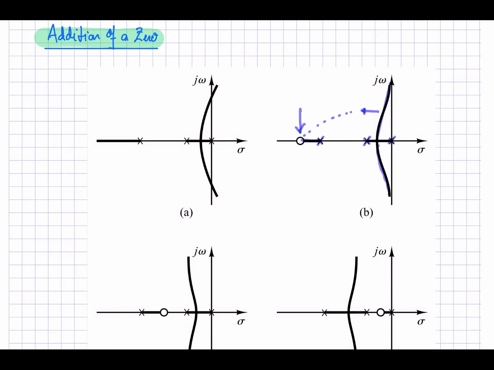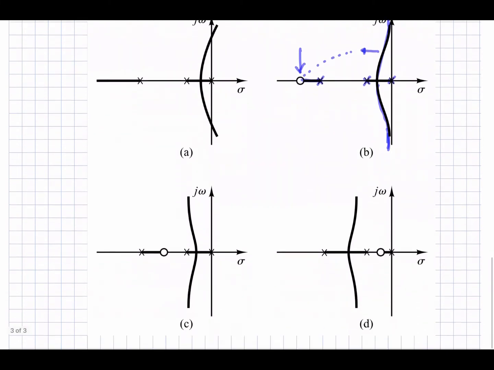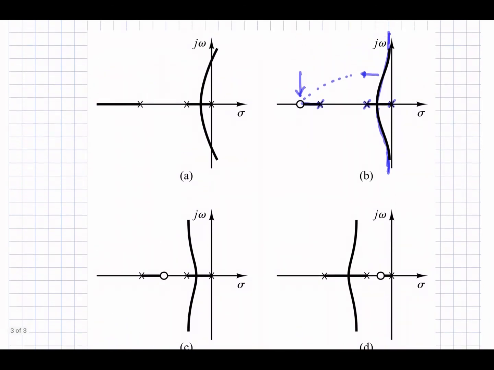Here you can see it is not going to cross the j omega axis, so it is improving the stability. Now if I introduce this zero closer to this set of poles, it is going to pull the root locus toward itself. So your root locus is moving further into the left half plane, right?